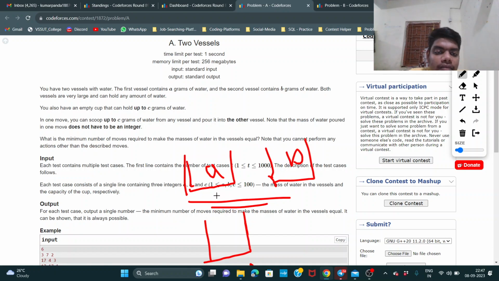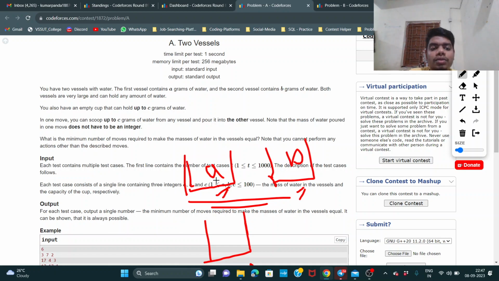In the first vessel a grams of water is present, and in the second vessel b grams of water is present. You can take water from any one of the vessels. Say I take water from the first vessel.